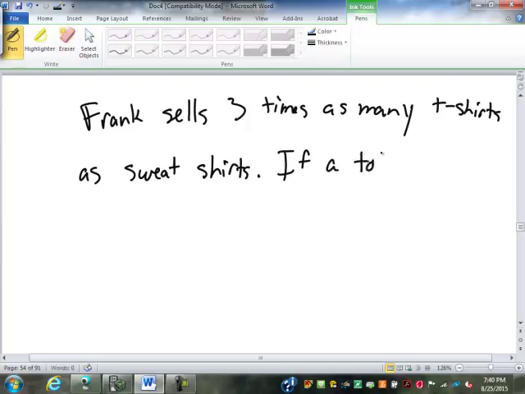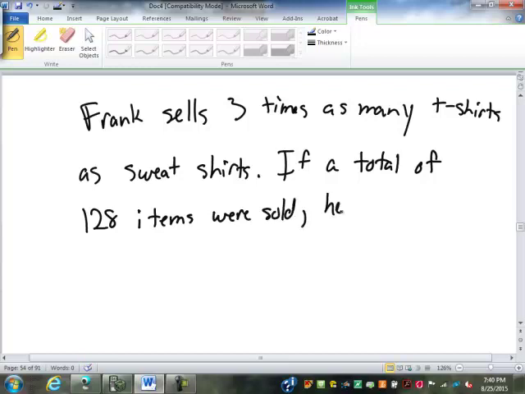If a total of 128 items were sold, how many of each were sold?